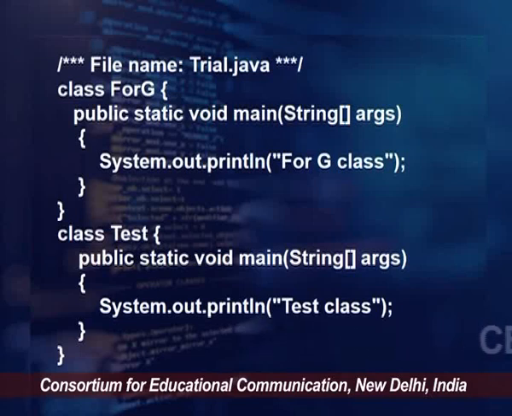After closing this main function and this class, another class begins, and that class also has one main function. So there is a class test which has public static void main string args and system.out.println test class.